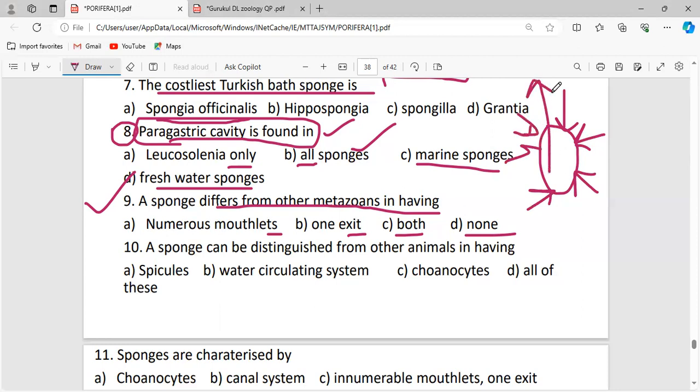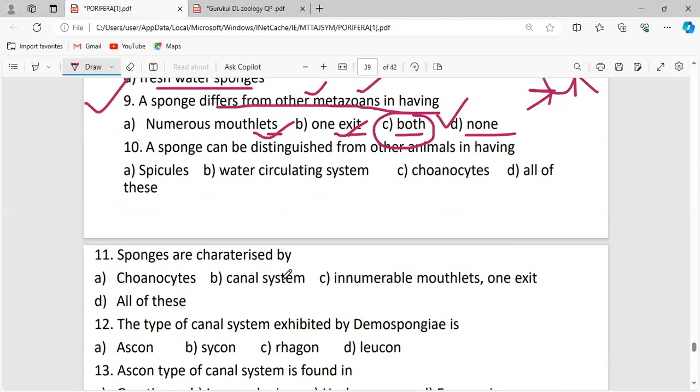But there is only one exit, that is the osculum. So only sponges have numerous mouthlets and one exit. Both structures are unique characteristics. So sponges differ from other metazoans in having numerous mouthlets as well as one exit. Yes. Okay. Clear now?